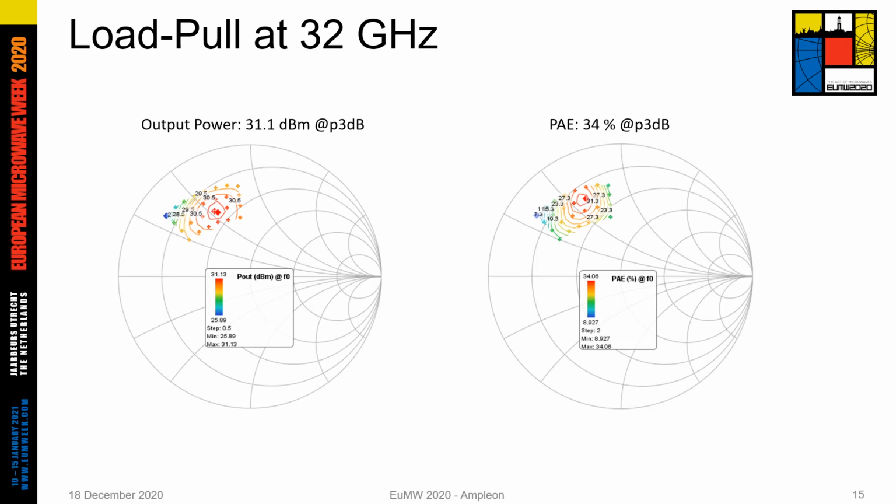But you need to be very careful: as we move to higher frequency, load pull becomes more and more challenging due to the losses of the cables, losses of the probes, mismatch, and so on. The dynamic range or the rotation of the impedances in the Smith chart can be limited. But there are a lot of new features and new advanced load pull systems trying to address this issue.